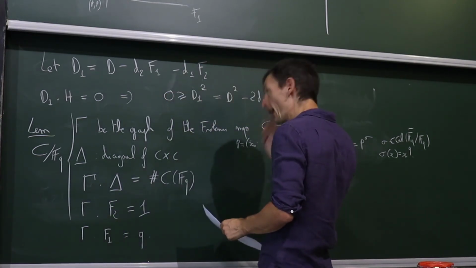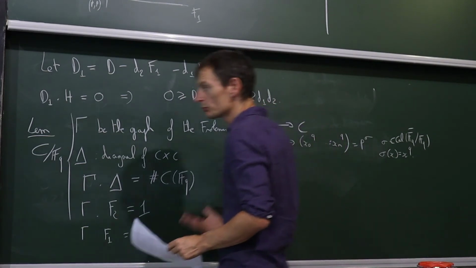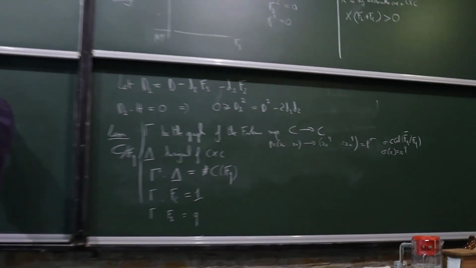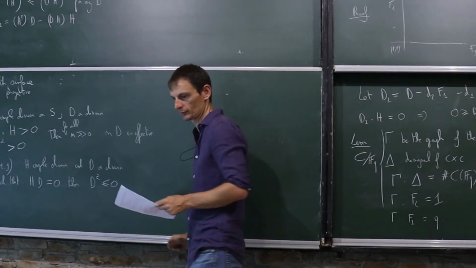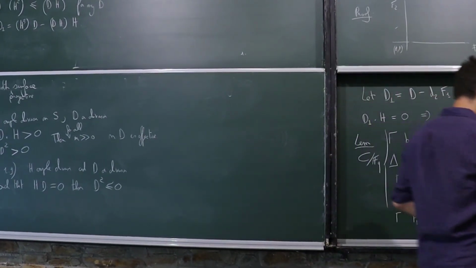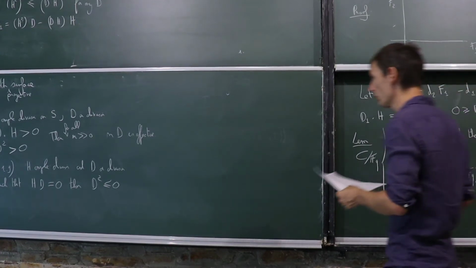Okay. And now comes the tricky part, which is to understand the self-intersection of the diagonal.